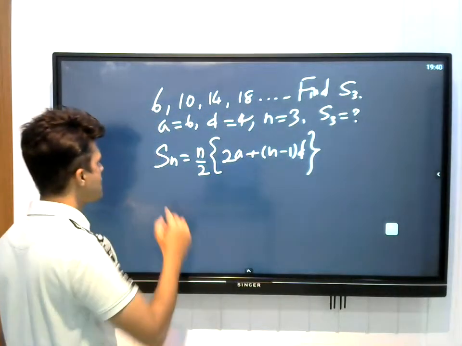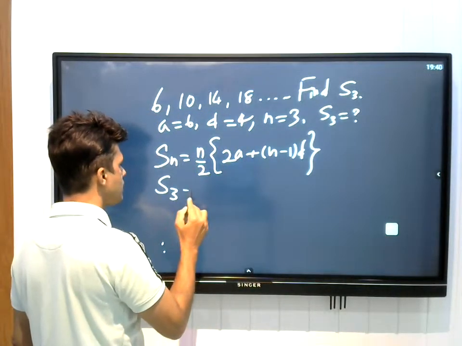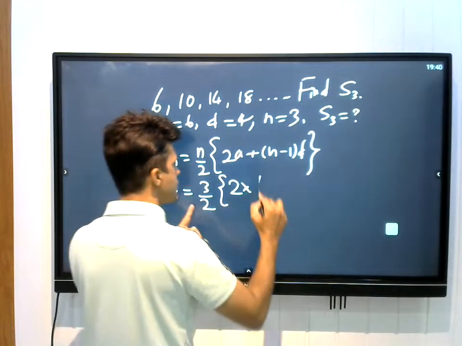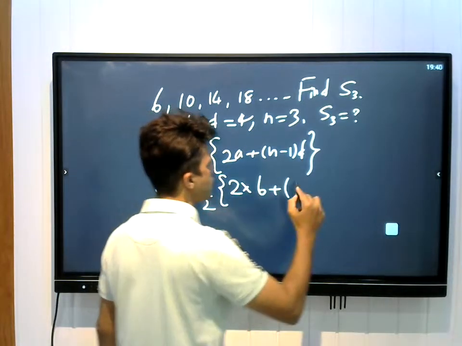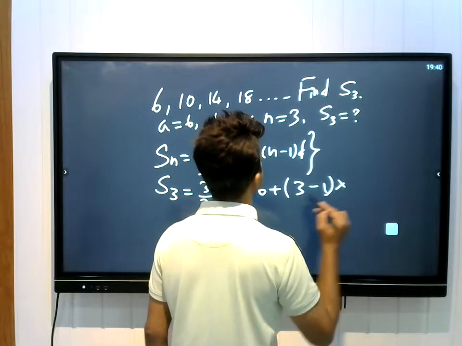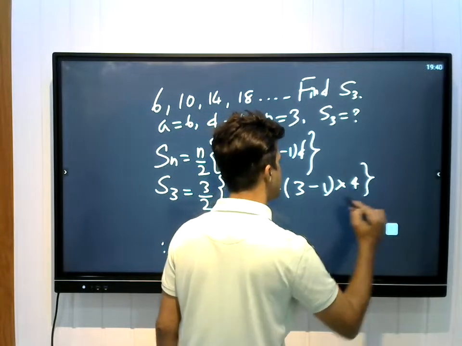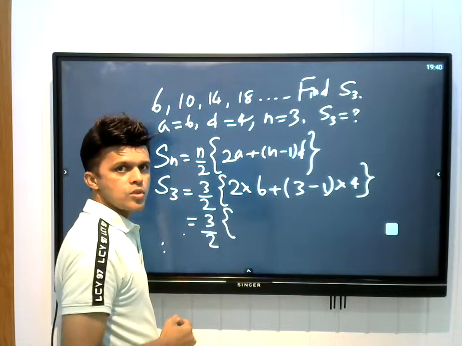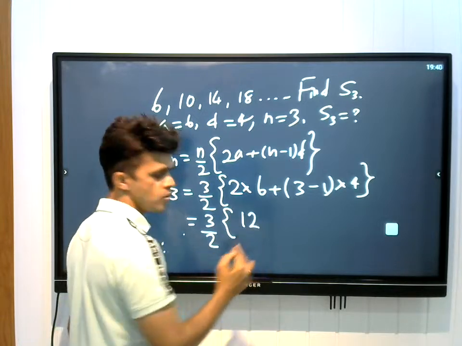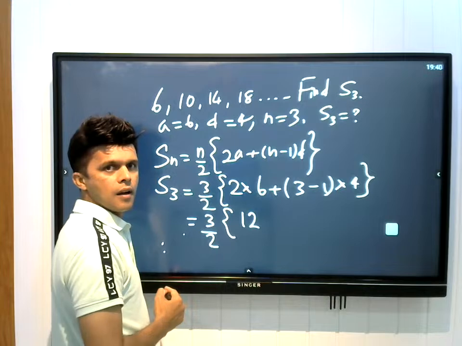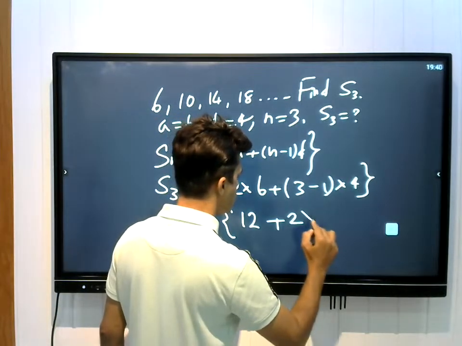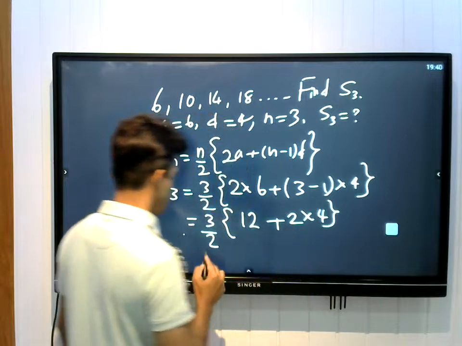So S3 can be taken with n equals 3. So 3 over 2 times 2 times 6, which is 12, plus 3 minus 1, which is 2, times 4.